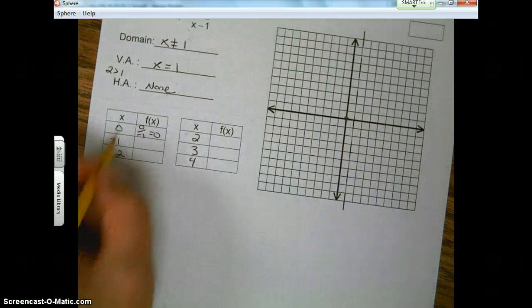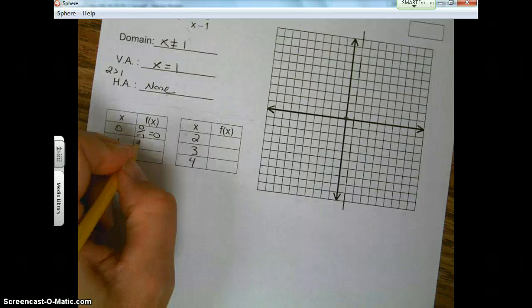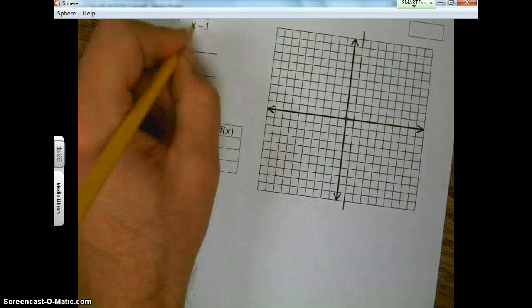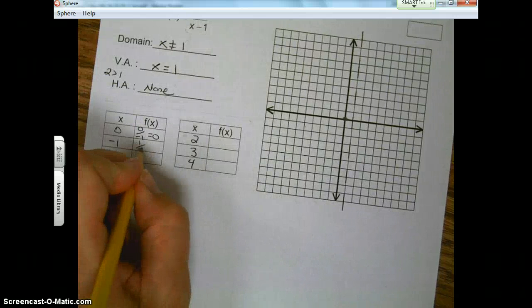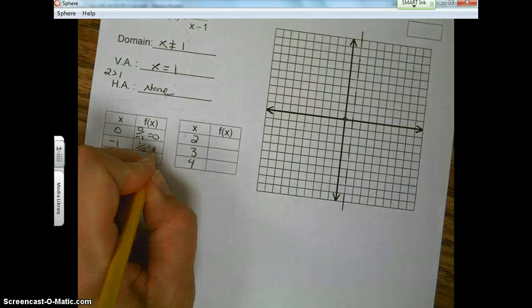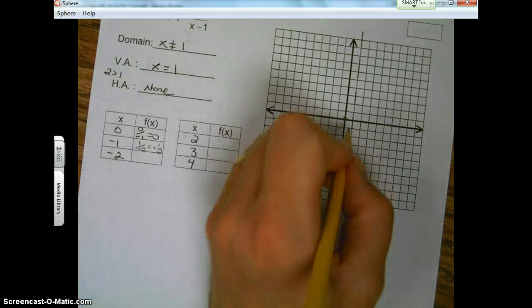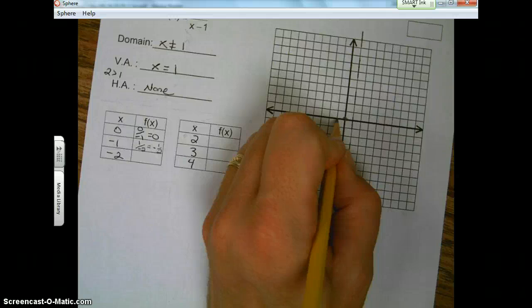Plug negative 1 in. Negative 1 squared is 1, negative 1 minus 1 is negative 2, so we get negative 1/2. So negative 1, negative 1/2.